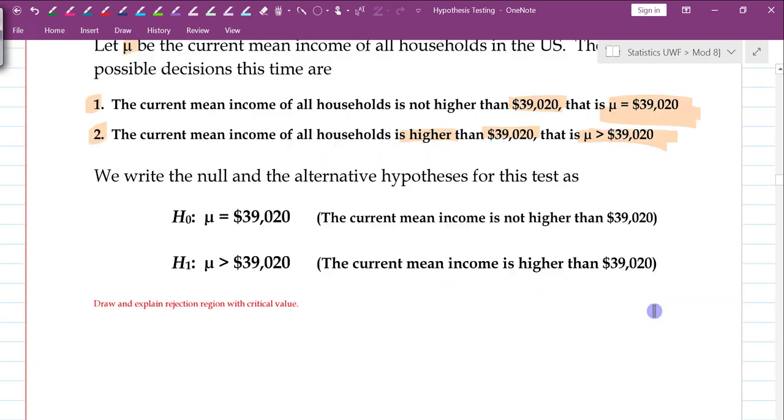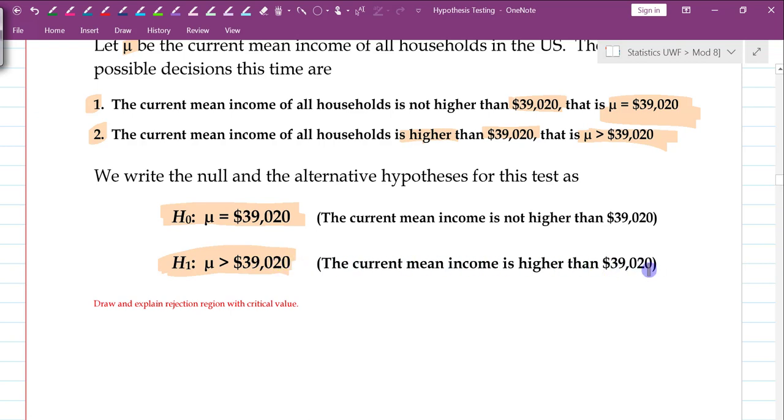We write the null and the alternative hypothesis for this test as H naught is mu is equal to $39,020, the current mean income is not higher than $39,020, or that the mean income is higher than $39,020.